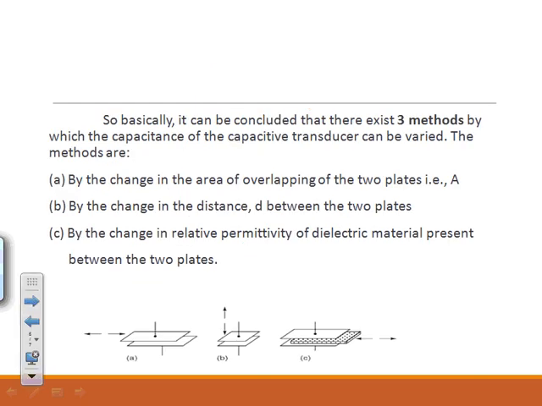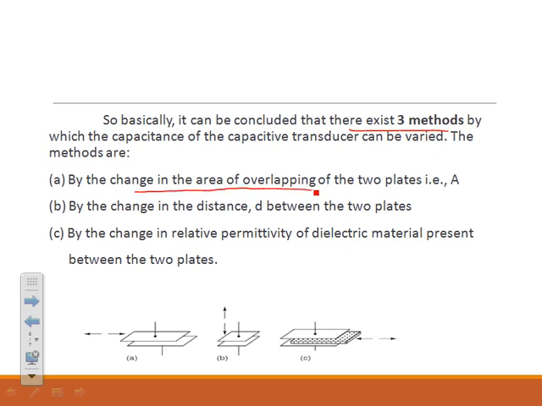So it can be concluded that there are three methods by which the capacitance of the capacitive transducer can be varied. First, by changing the area of overlapping.